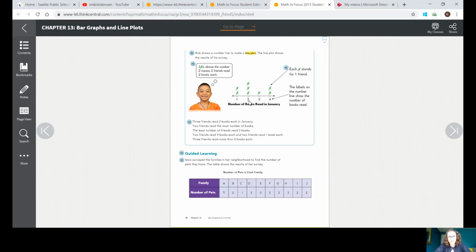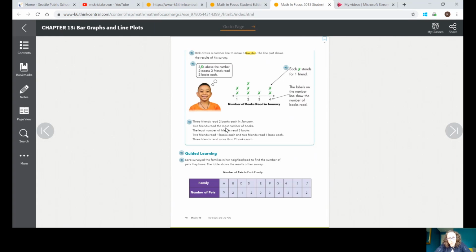Here's what he's talking about. The number 2, there's 3 X's on top, and it says that each X stands for 1 friend. So this would be 3 friends read 2 books in January. 3 friends read 2 books each in January.